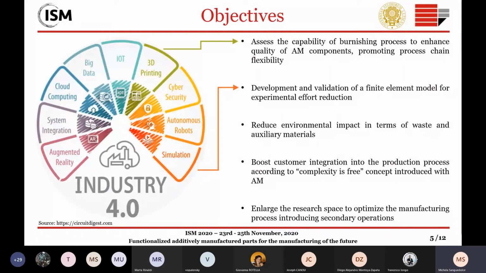While with the simulation, we meant to validate a model in order to reduce experimental effort and to make it easier to produce a highly customized product, but at an affordable cost.